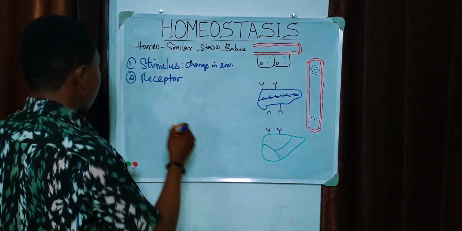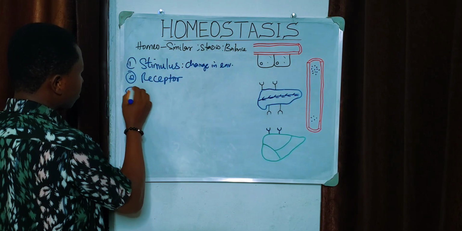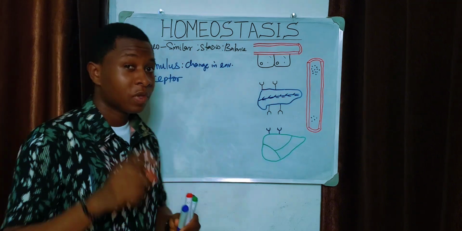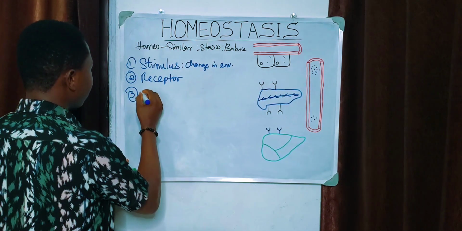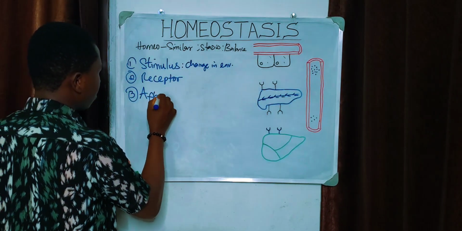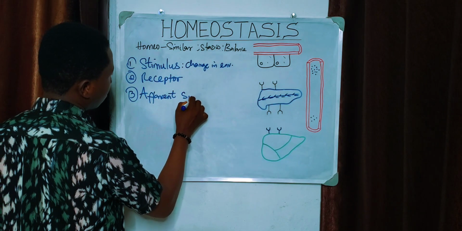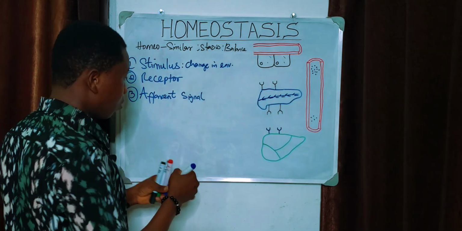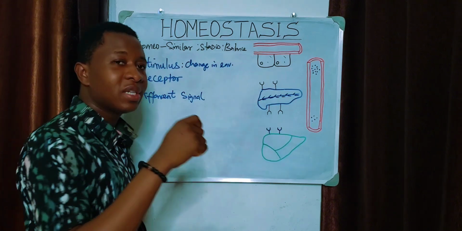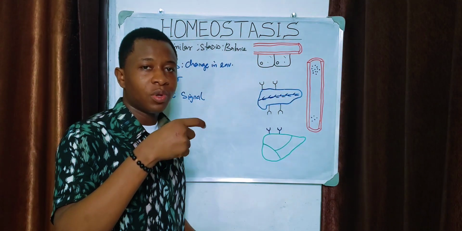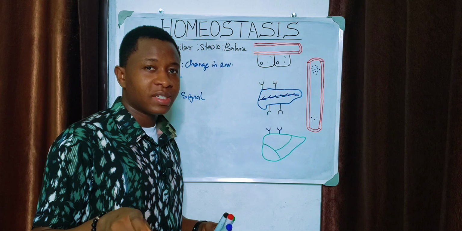Now, number 3 is what we call the afferent signal. Now, what is this signal? This signal is actually the signal sent from the receptor to the control center.